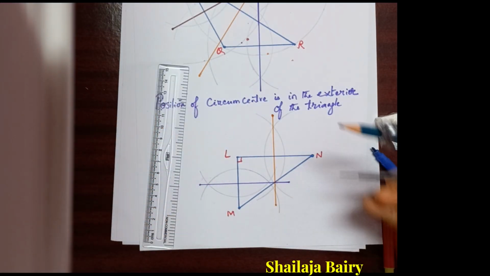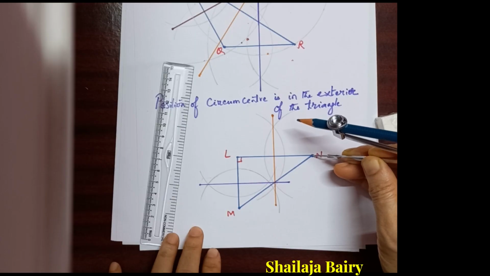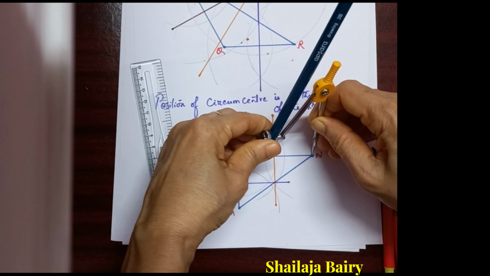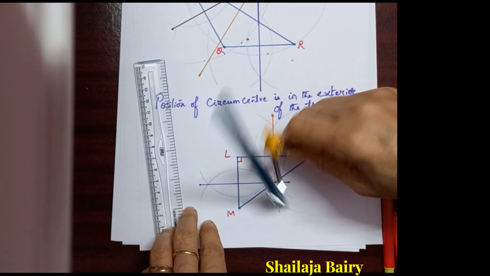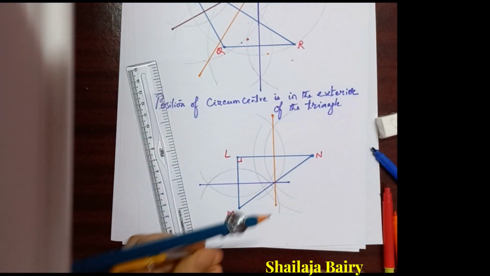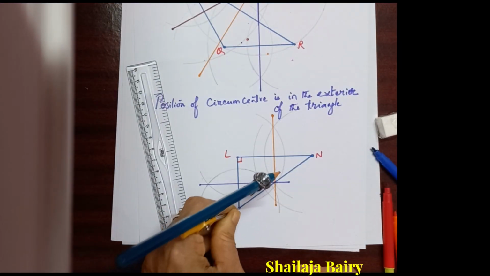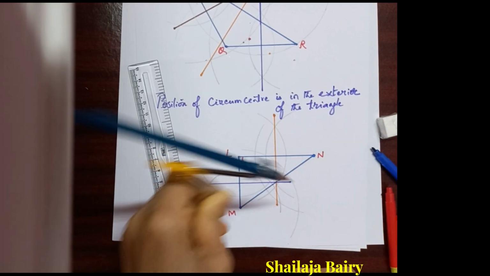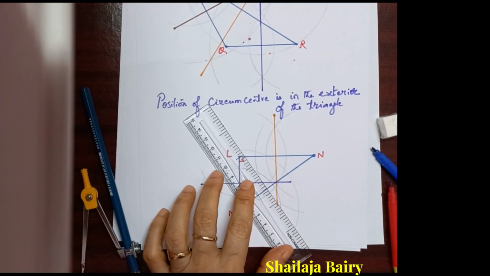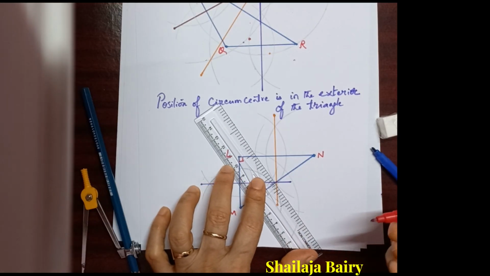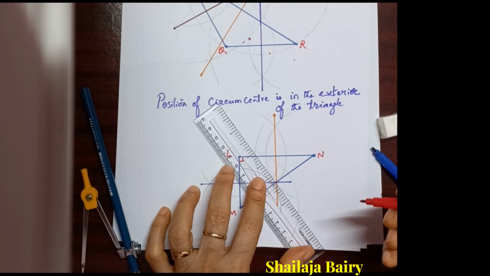Bisecting the third side, the hypotenuse, the longest side, taking more than half of MN. We should be observant while doing so, as the arcs are overlapping the previous arc.